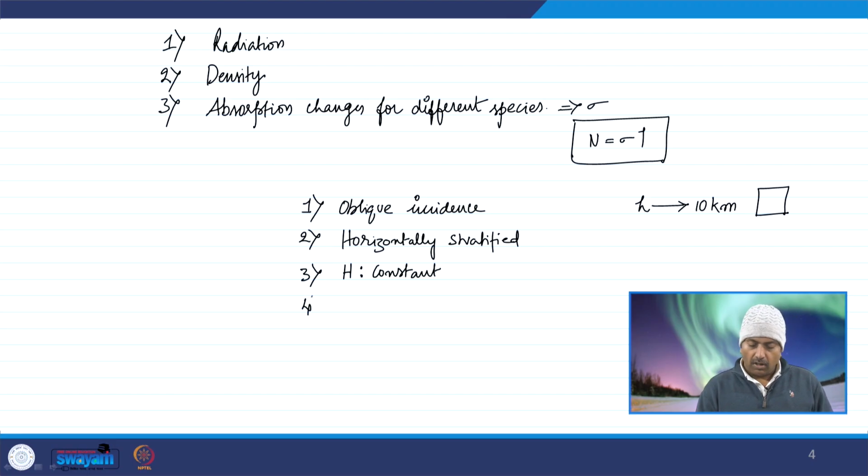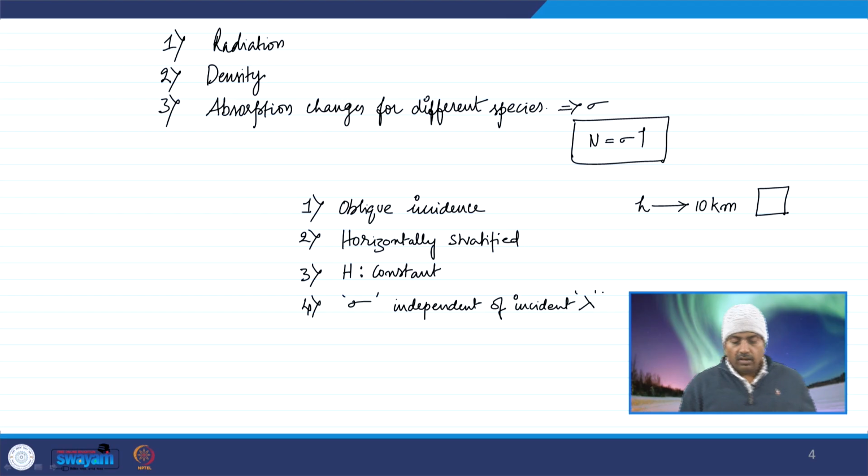And most importantly, number 4, this Chapman layer or this production layer is valid for an absorption cross section sigma, which is independent of incident wavelength lambda. Okay.